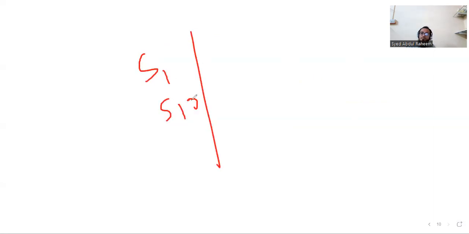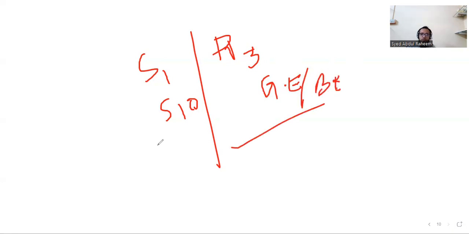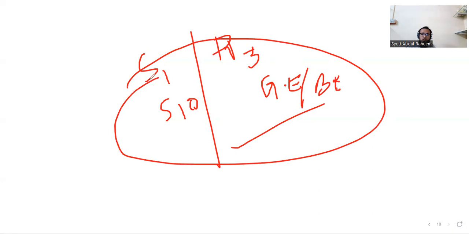Along with C13, we can use A3 to improve nutritional quality, and we have BE and G. So these are the remedies you can use along with C13. That is all about C13.